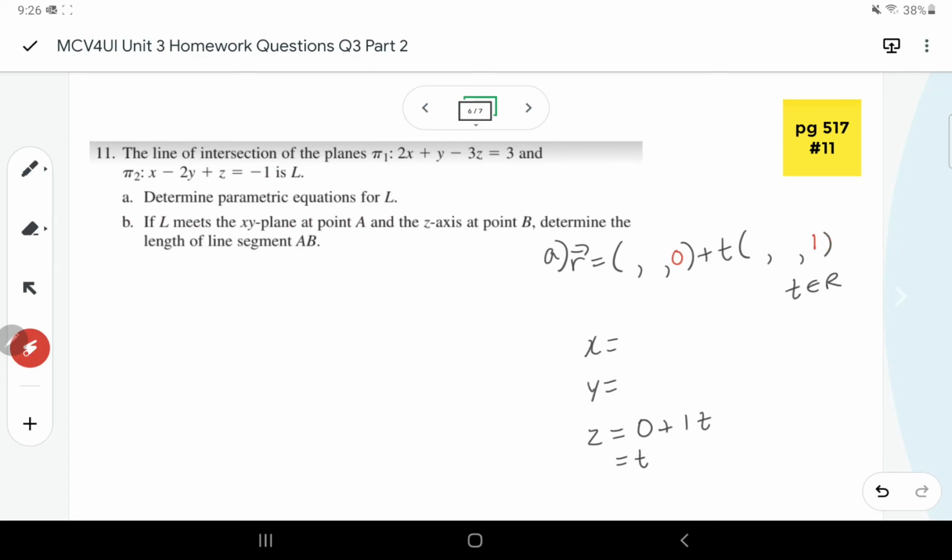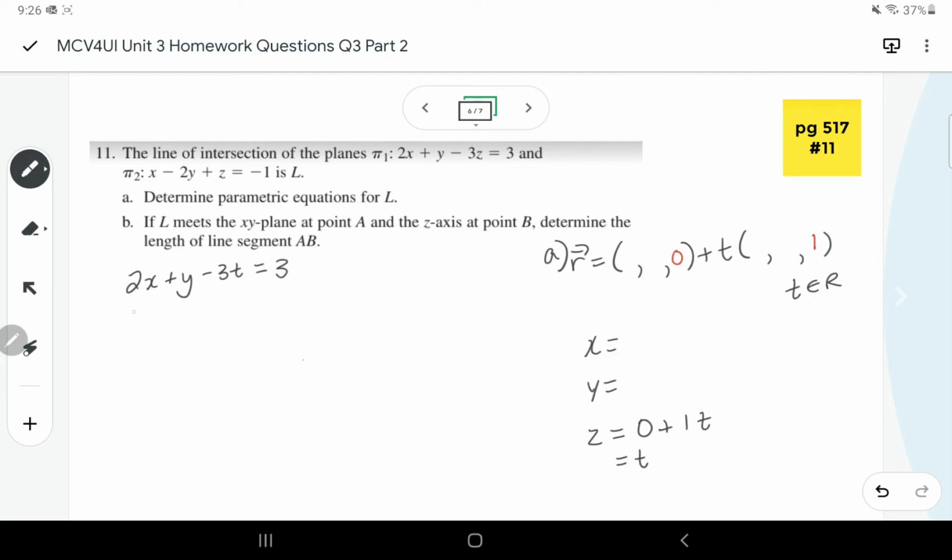Now going back, with this z equals t, into my original planes, I will write those equations substituting in z equals t. So 2x plus y minus 3t equals 3.